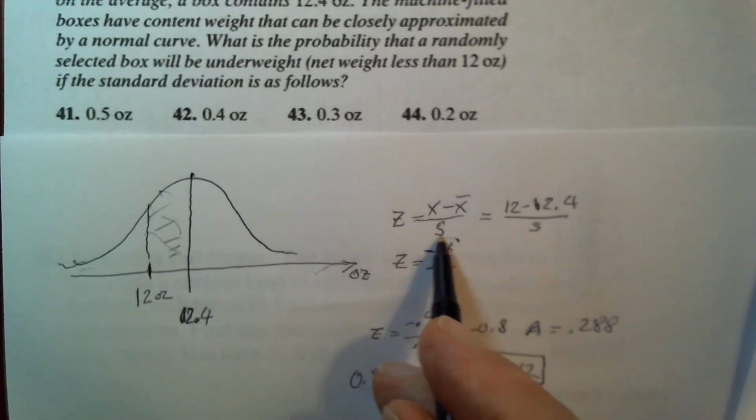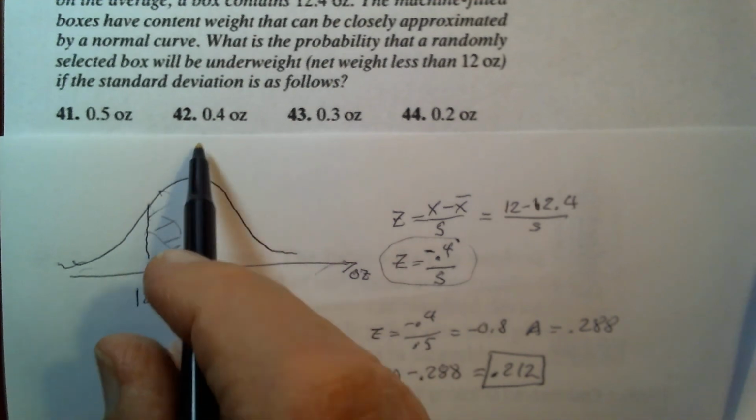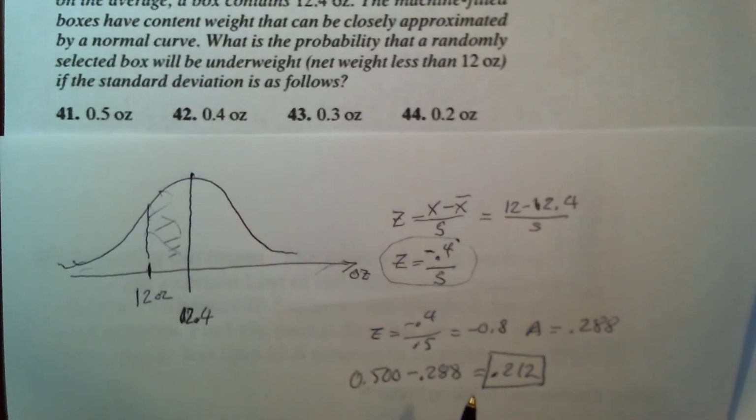Again, we use the same formula for all the other standard deviations, so only the denominator changes. So this was for 41. If we go to 42, then z is equal to minus 0.4 divided by s, or negative 1.